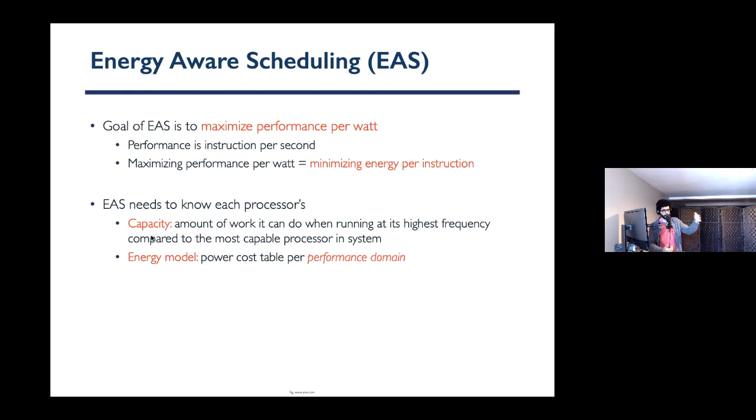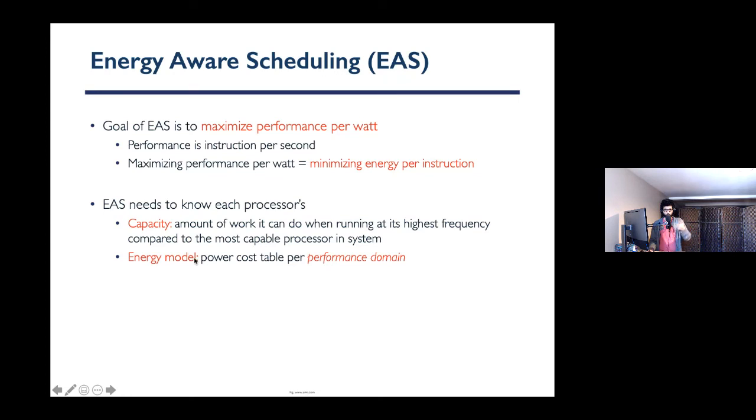So it's not just the frequency, it's also other capabilities your high performance processor could have compared to the low power one. So you identify how powerful your high performance CPU is compared to your low power one. And then you probably also need an energy model, because you want to minimize energy per instruction.